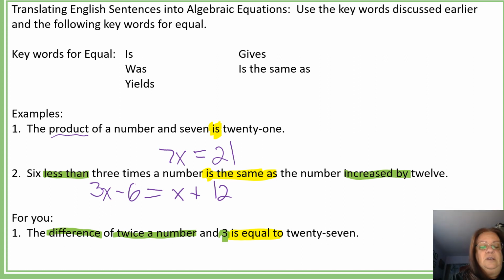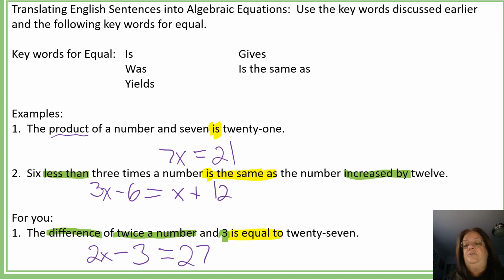So twice a number minus 3 is equal to, and then we just have the single 27. There we go. That's not too bad.